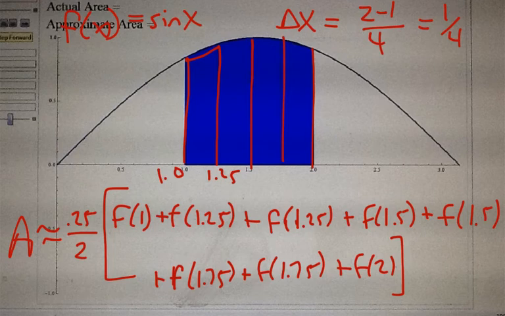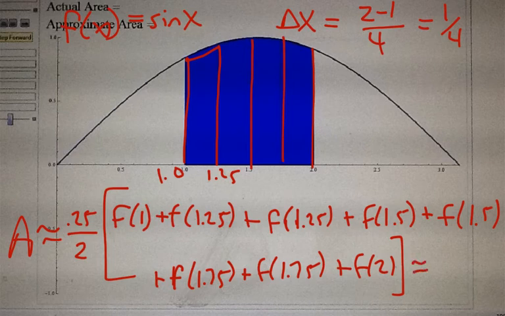So notice that except for the endpoints 1 and 2, every other value gets used twice because they're in 2 different trapezoids. The 1.0 is only in one trapezoid, and the 2.0 is also only in one trapezoid. Those each need to be done one time, but every other one needs to be done twice, part of 2 trapezoids.